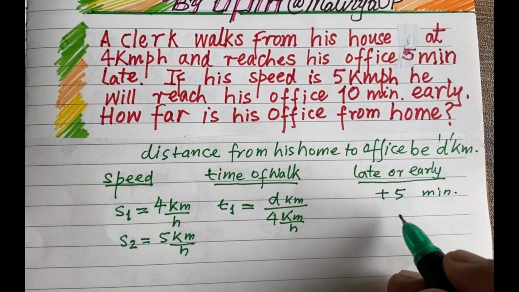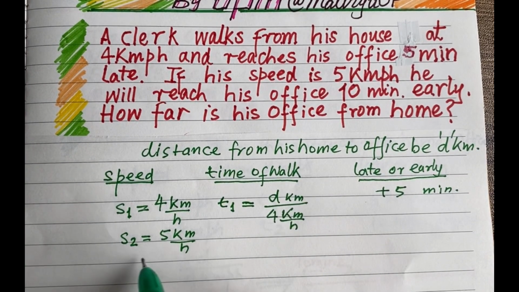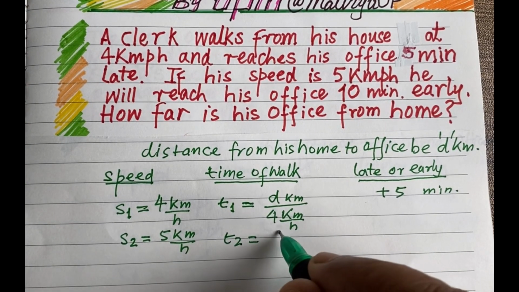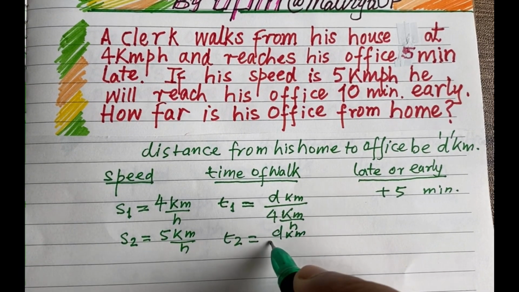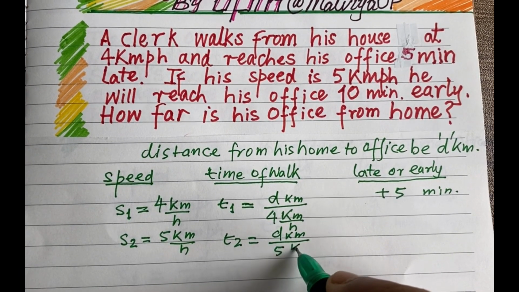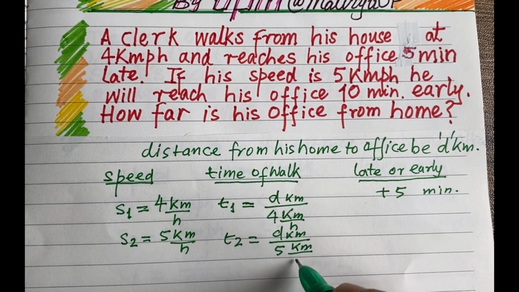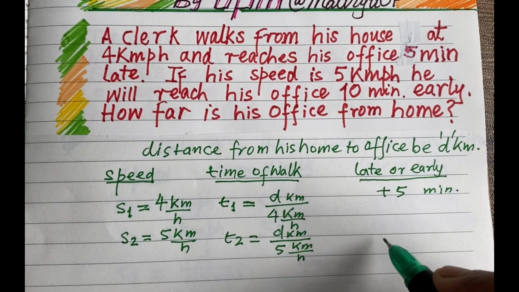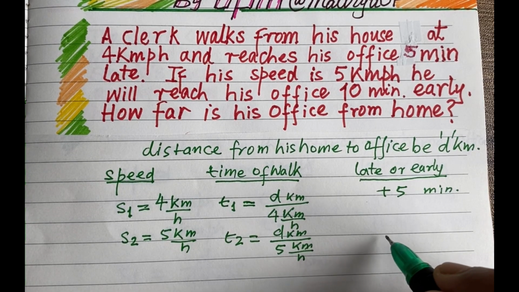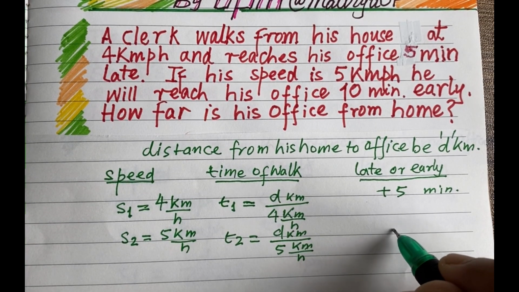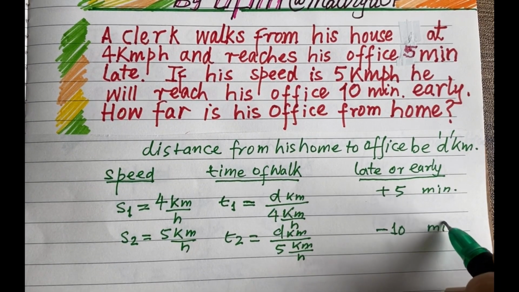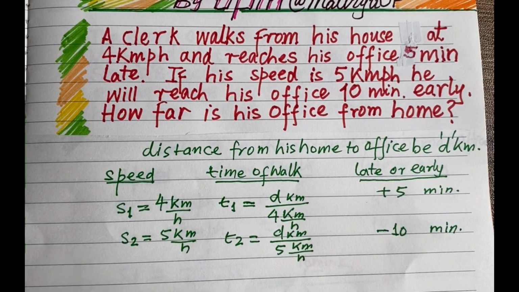Similarly with speed 2, that is 5 km per hour, the time of walk would be d kilometers divided by 5 km per hour, and this time he is early by 10 minutes, so this will be minus 10 minutes because he is early here.